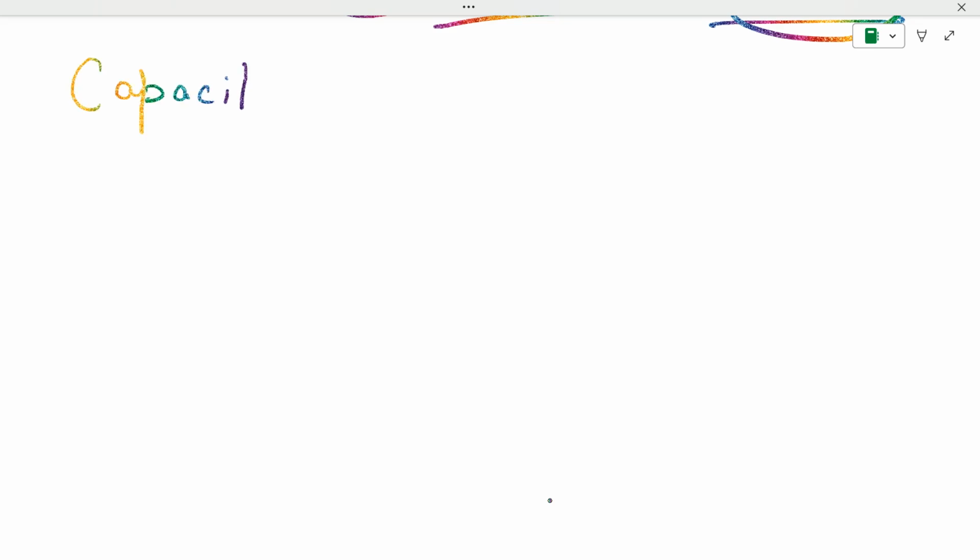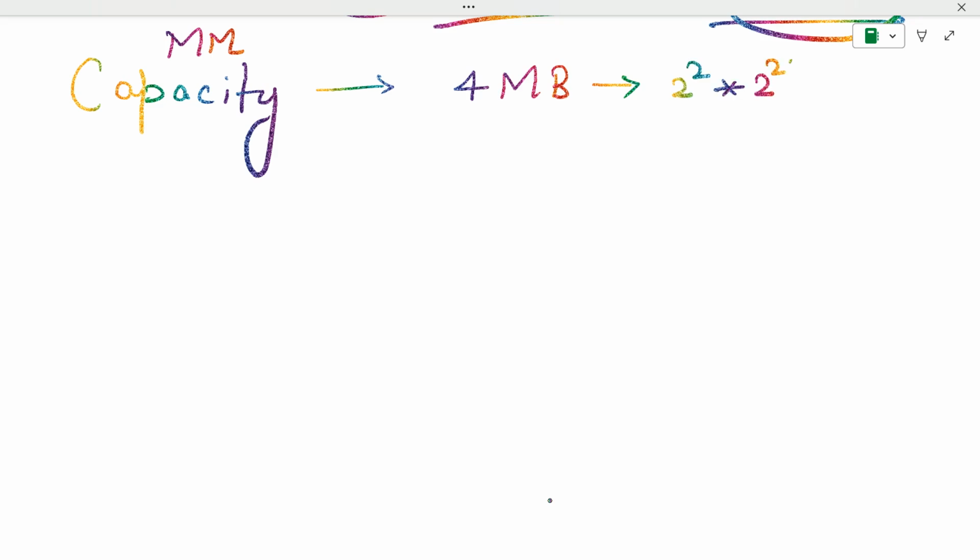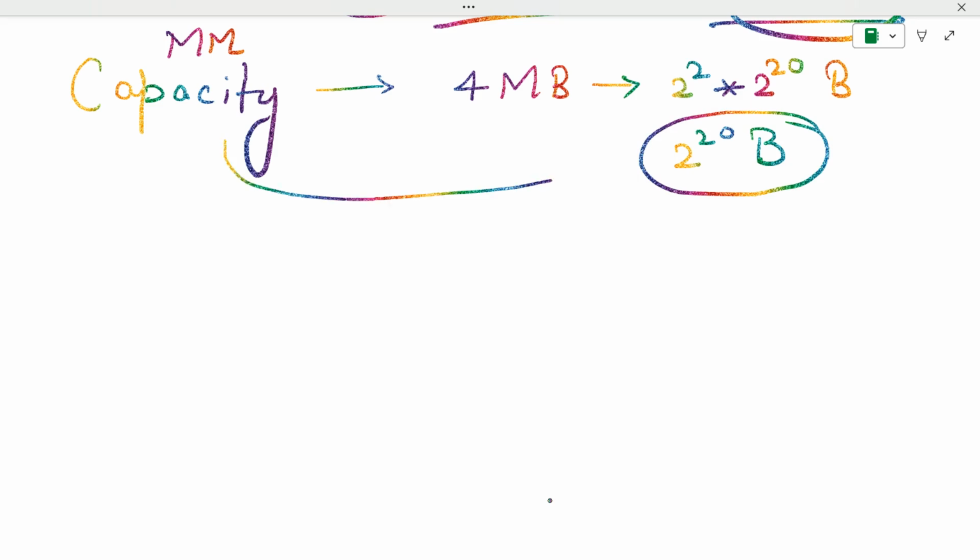Okay, so we want a main memory with a capacity of 4 megabyte. Now we all know 4 megabyte is nothing but 2 raised to the power 2 multiplied by 2 raised to the power 20 byte, that is 2 raised to the power 22 byte. Okay, so we want this capacity for our main memory.